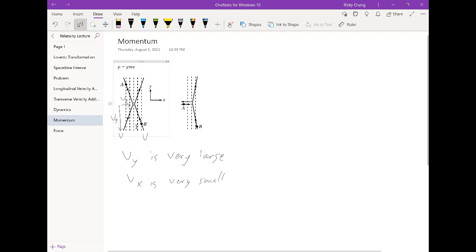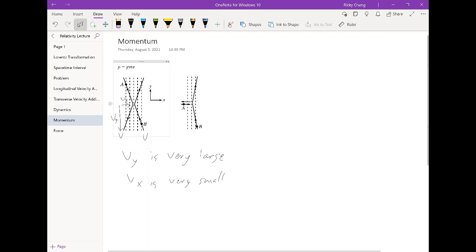We are essentially using these as a clock sort of thing, because suppose A and B both contain an identical clock, and each clock ticks once the object passes one of these lines. So every time A and B pass one of these lines, their clocks tick once. This is also important. Okay, so this is what it looks like from one reference frame.